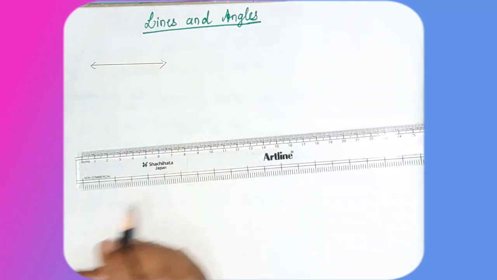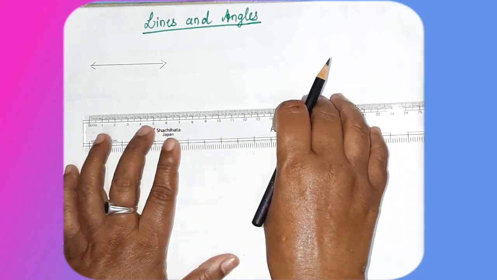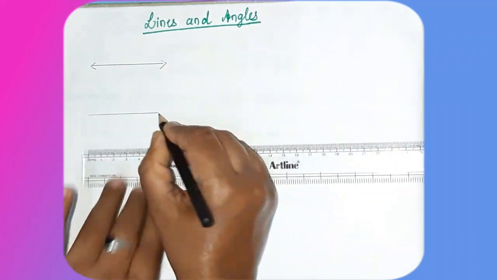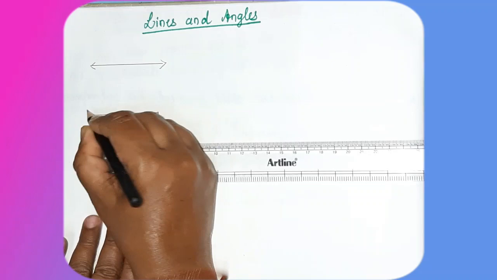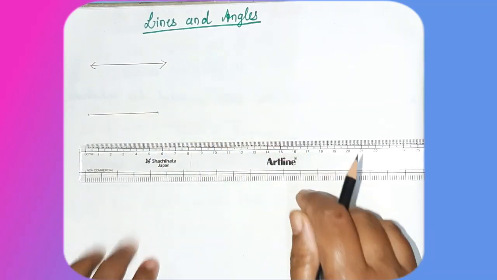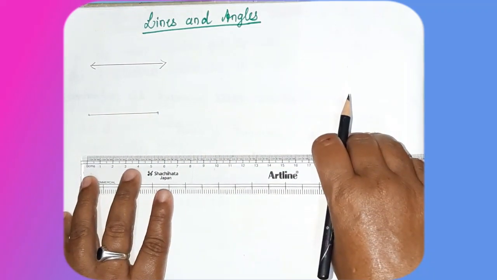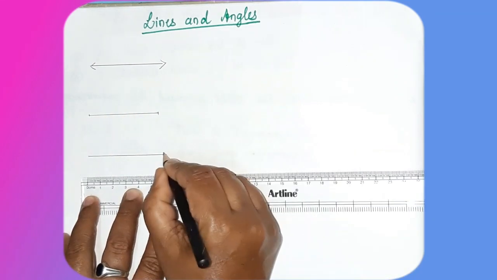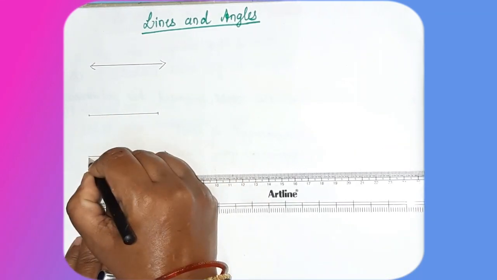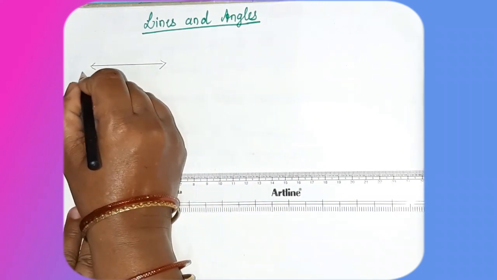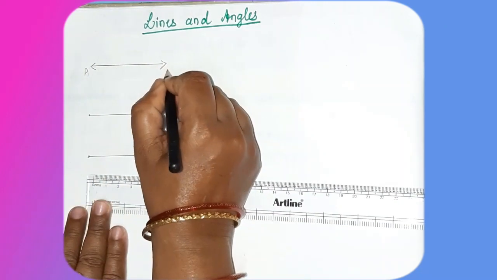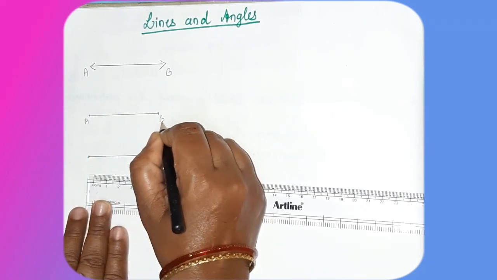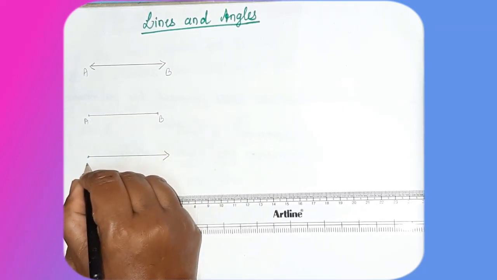And next one, line segment. You find the difference here. And the next one is ray. You just observe these three kinds of lines. Now I think you might have got it.